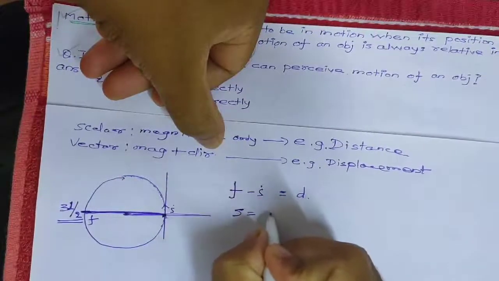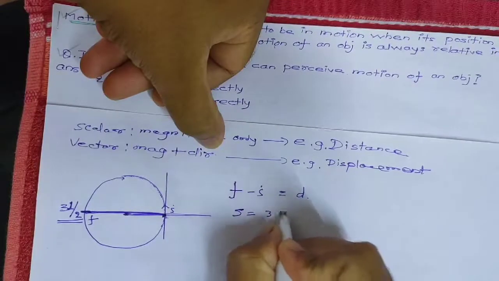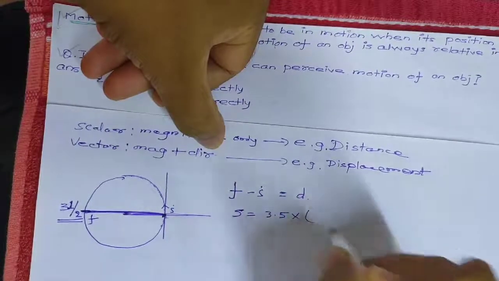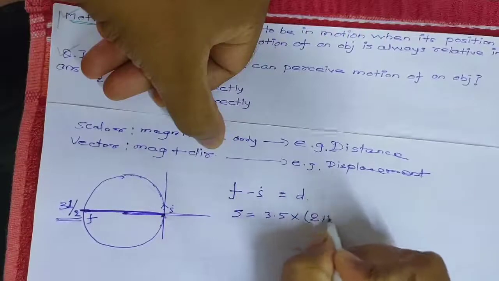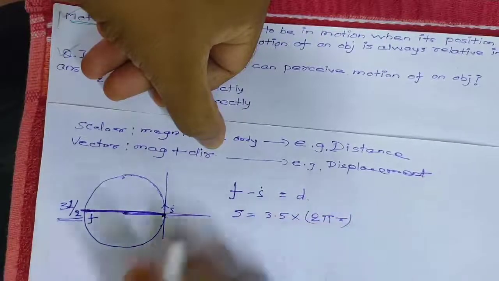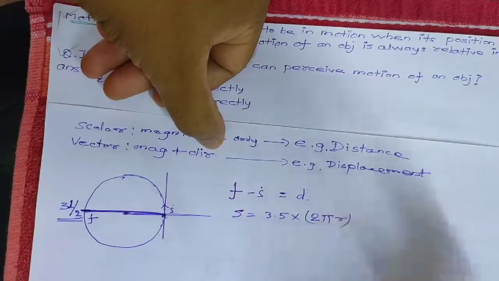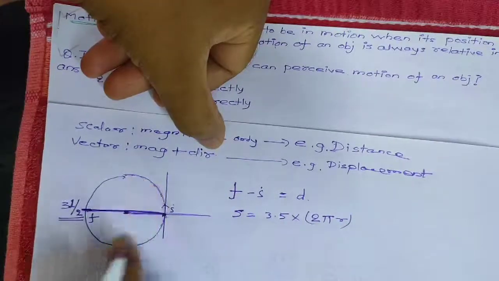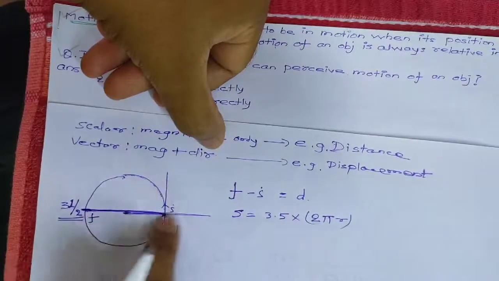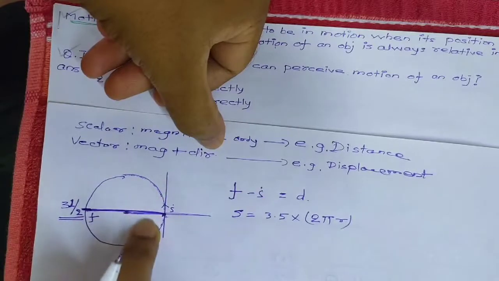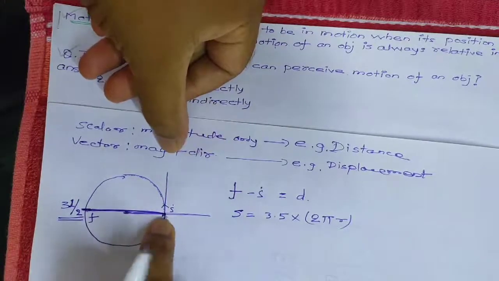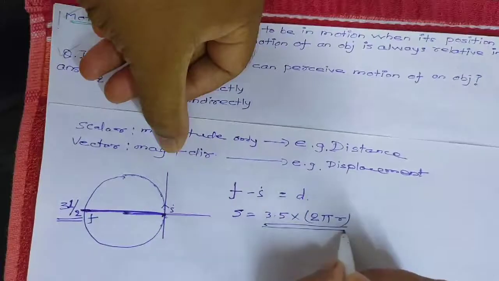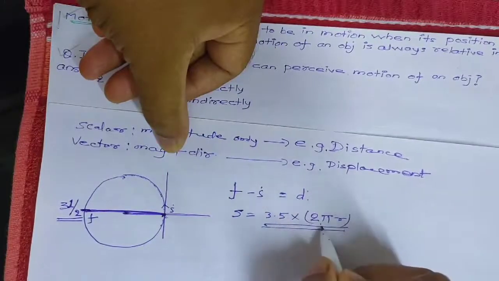It will be 3.5 into the periphery of a circle, 2 pi r. Are you seeing the difference? The actual displacement which happened is just the diameter of the circle, but the distance which you cover is this much. There is a huge difference between these two.